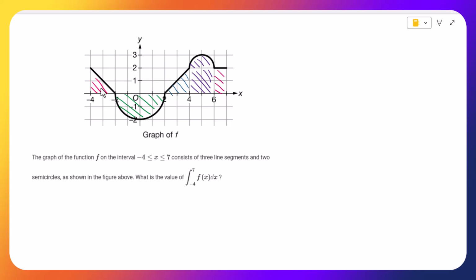The base is -4 to -2, which is 2, and the height is 2. So 2 times 2 is 4, divided by 2 is 2. So the area of our triangle is 2.